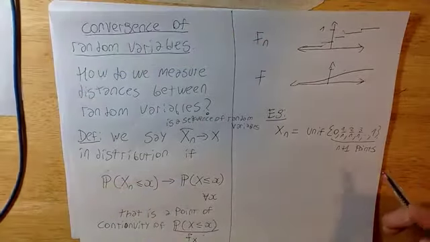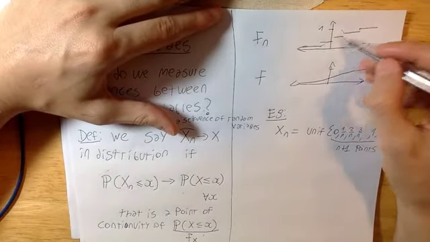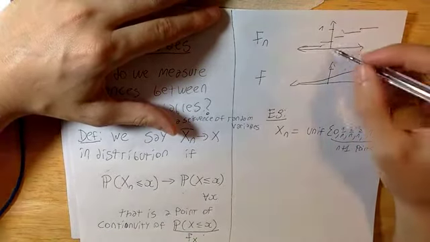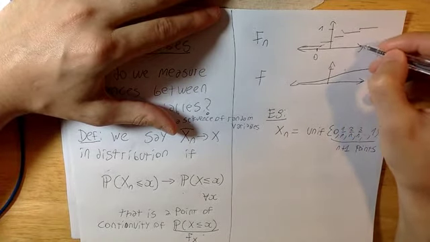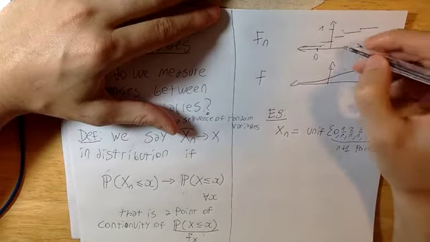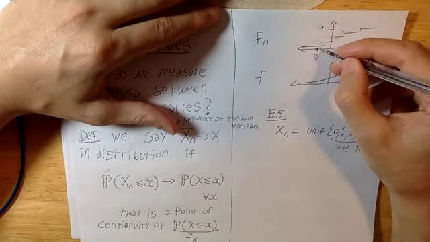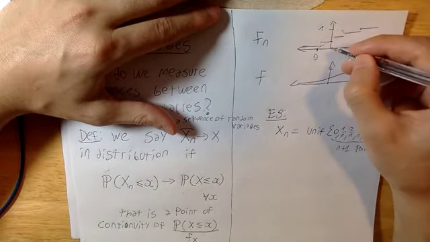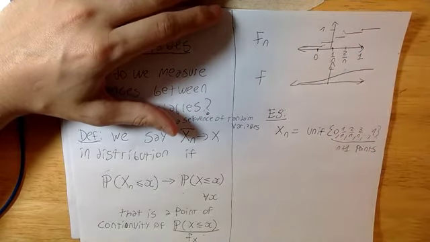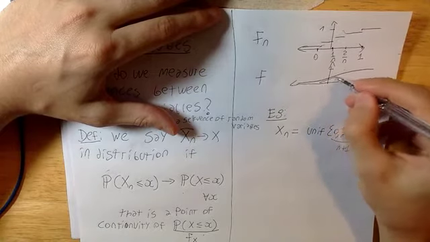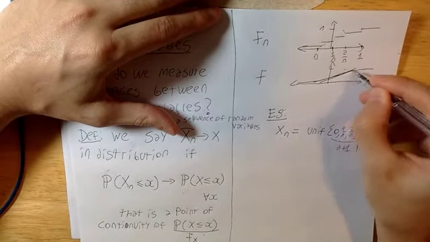So if you look at Fn, it will look like something like this, but between, so here it would be 0 and here it would be 1, and all of these breaks here are at 1 over n, 2 over n, and so on. And in the limit, what you expect is that you get a straight line.